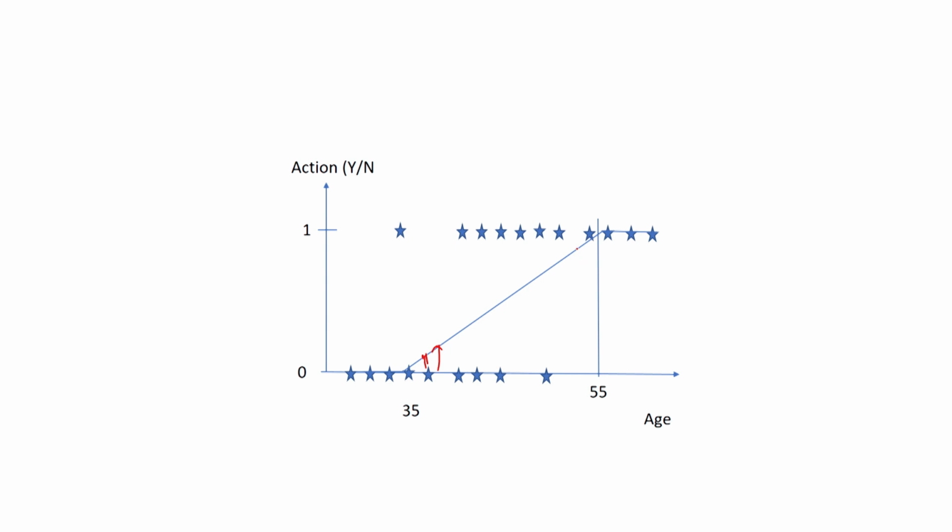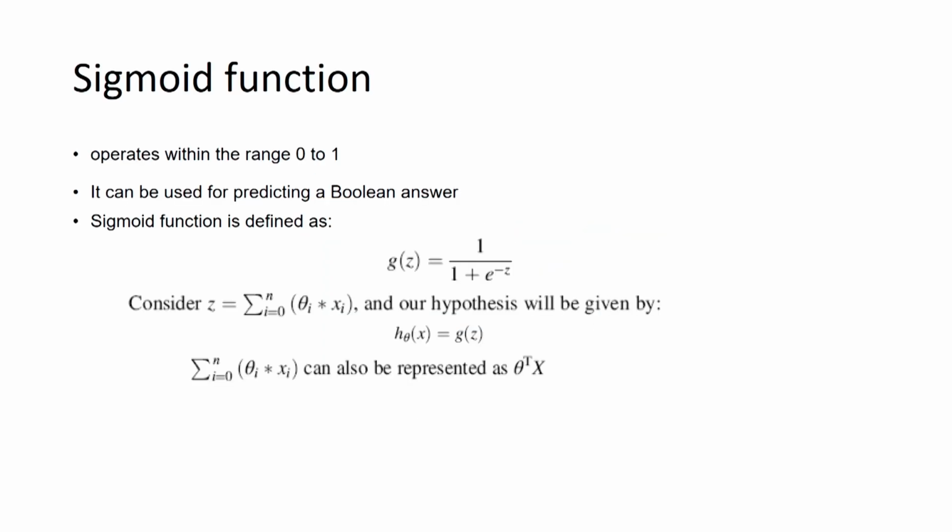Here these values are very large, almost close to 1. So, for persons where age is around 55 or greater, the probability of belonging to class 1 is high. So, let us see how we can do this.